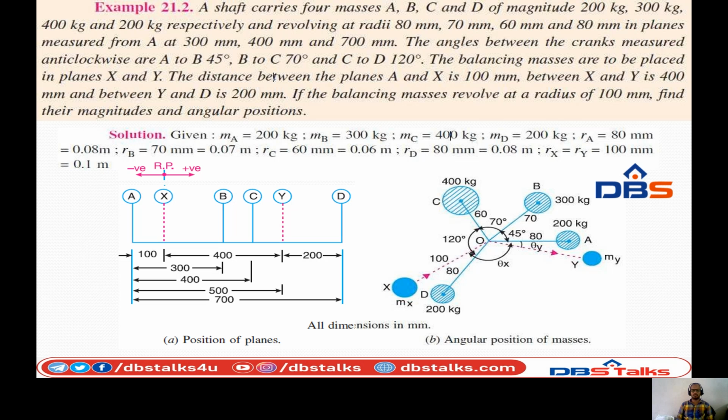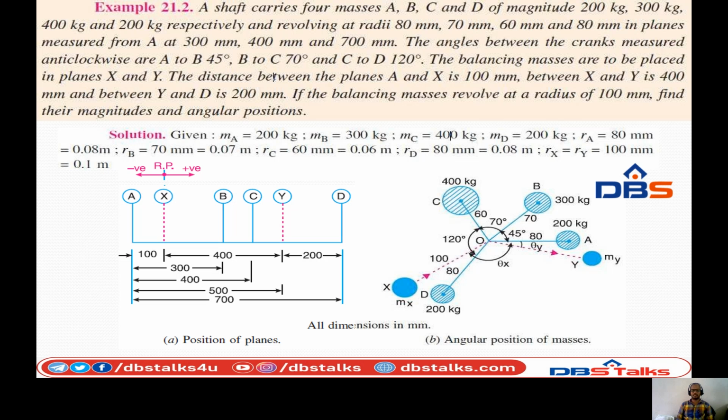Then OA is the base. For representing the diagram, we have to take suitable scales. OA is the distance of 80, so we can represent it in meters with a suitable scale.